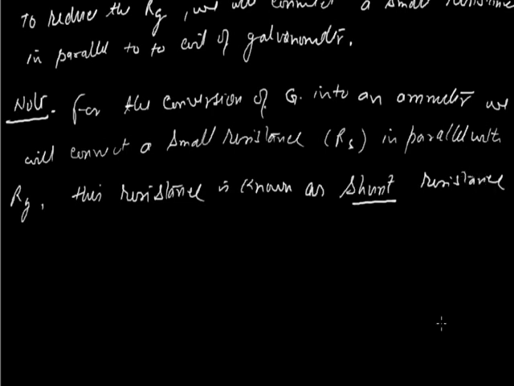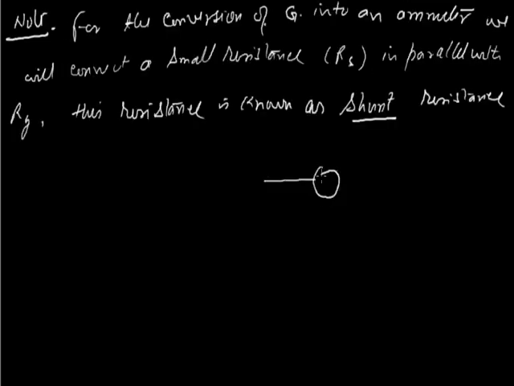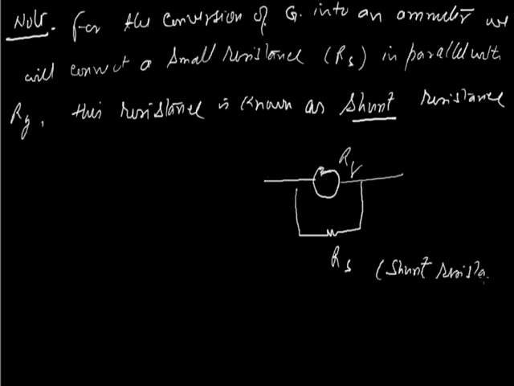Now the circuit will be, this is the galvanometer coil having resistance Rg. A very small resistance is connected in parallel, that's Rs, the shunt resistance. Total current is I, and at this point it is divided into two parts.